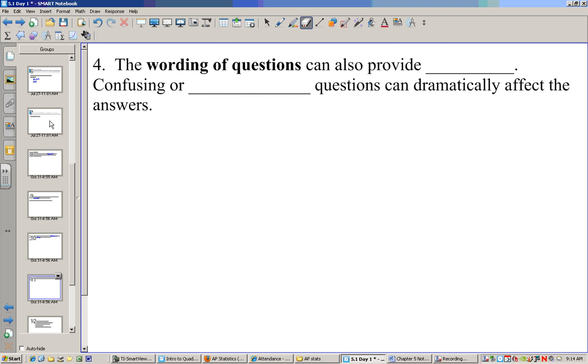Now the wording of the question can also provide a bias. Confusing or leading questions can dramatically affect your answers.